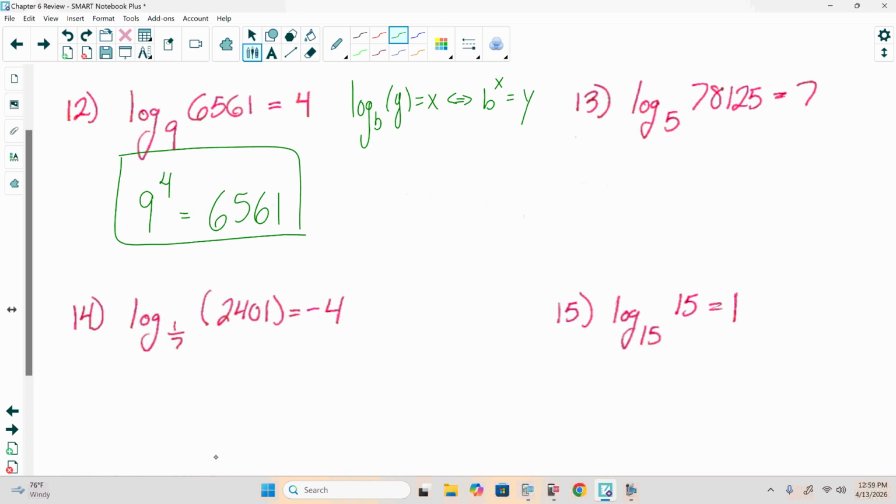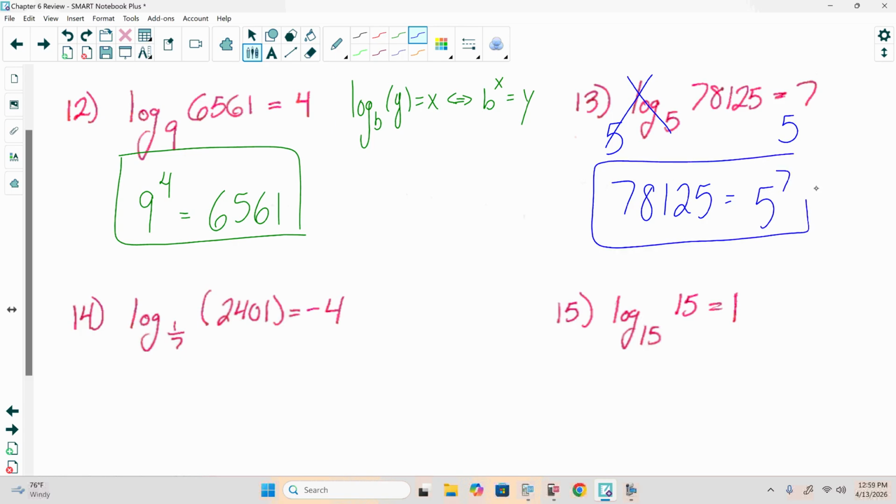Now, the other way we can do this is kind of calling back to our solving steps and what we did in 6-6. I can put both sides to the base of 5. Because 5 to the log base 5 of 78,125 would reduce to 78,125. On the right-hand side, I would have 5 to the 7th.